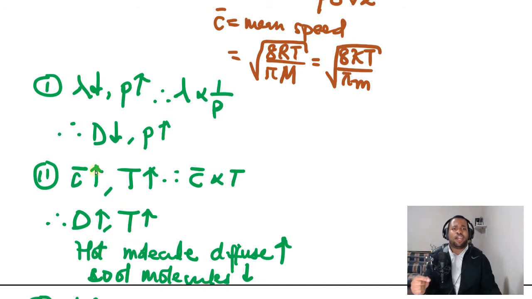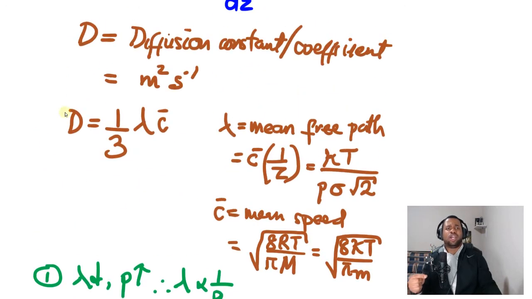The final one here is the relationship between the pressure and the diffusion coefficient, and all these relationships actually come from the specific relationship between the coefficient of diffusion, which is also the diffusion constant, with that of the mean free path of the gas and that of the mean speed, where the mean free path is the average distance between one particle and another particle before both of them actually collide with each other.